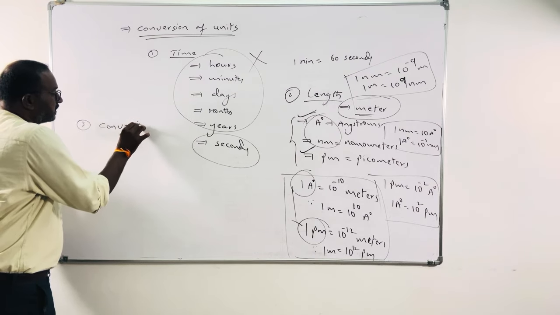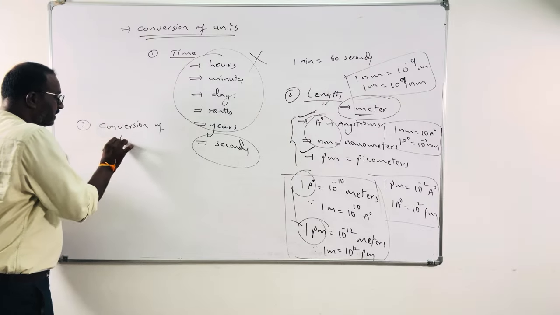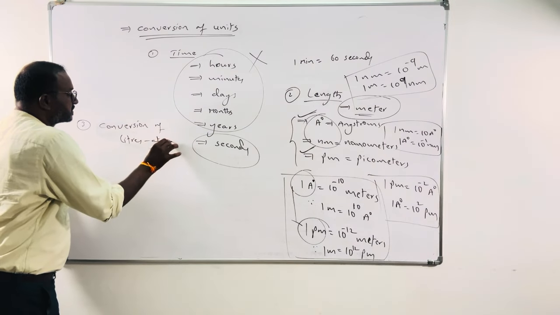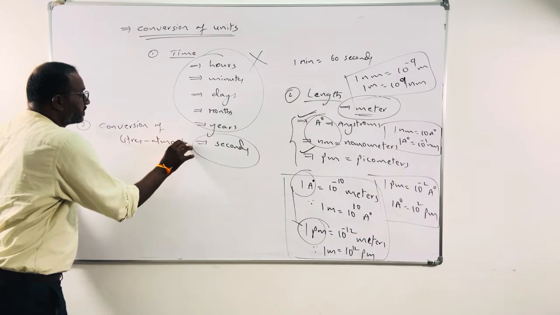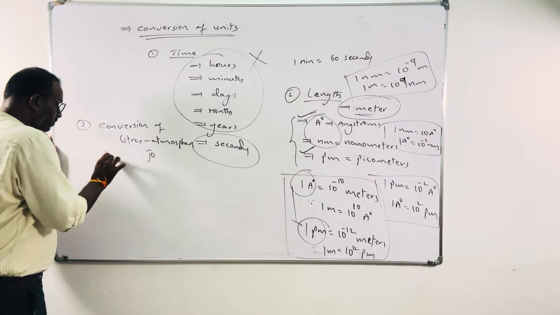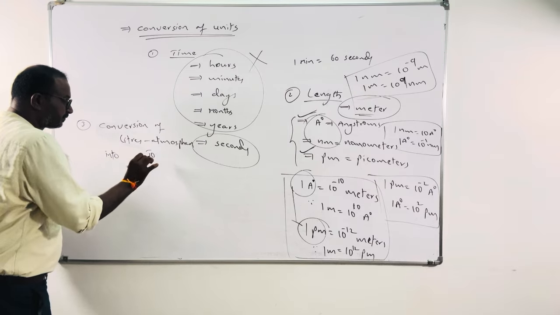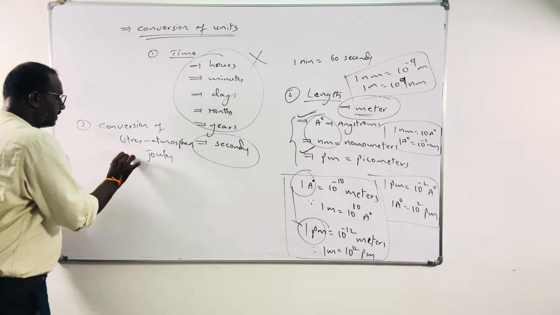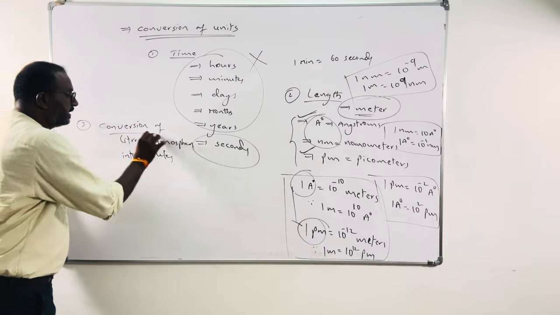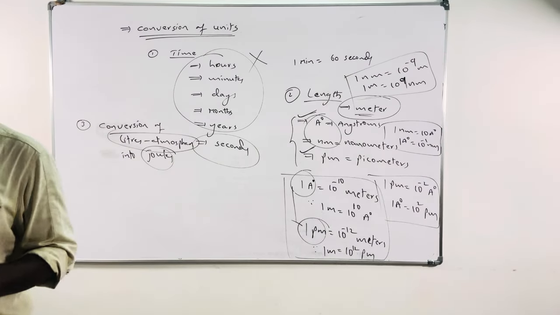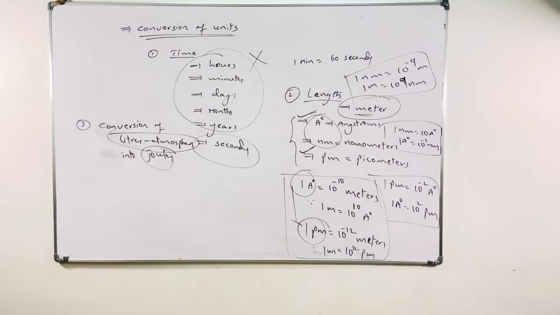Third one is conversion of liter atmospheres into joules. Let me write here, into joules. So 1 liter equals 10 power of minus 3 meter cube.